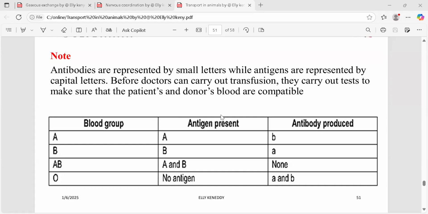Let's say this is school A. This school A puts on a blue uniform, which is the antigen, which identifies them. So they don't allow any other color other than blue.